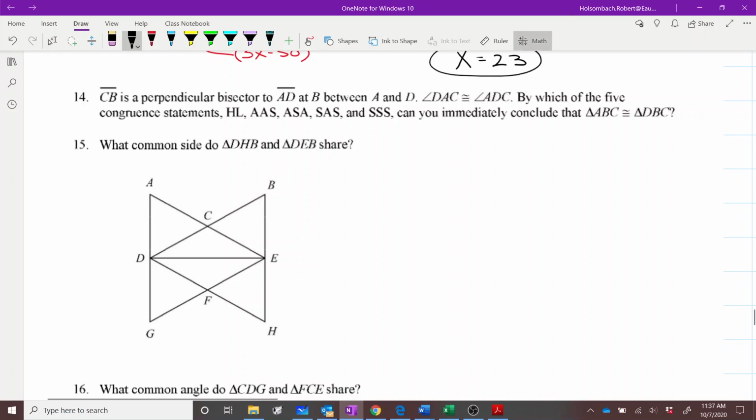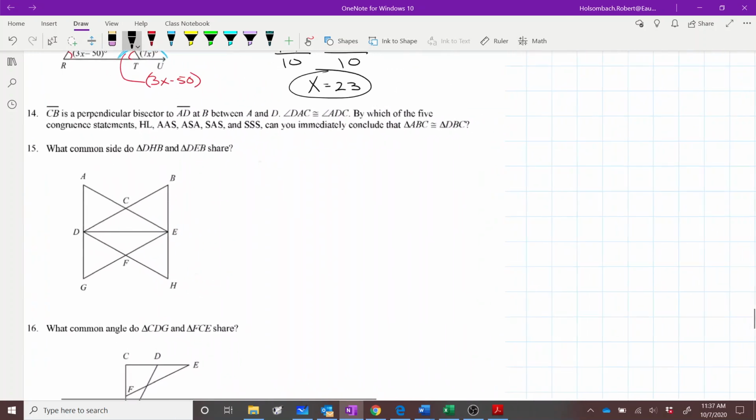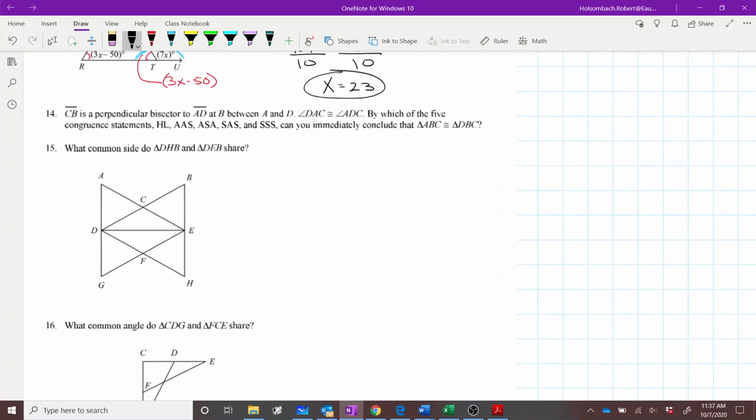Alright, if CB is the perpendicular bisector to AD, so CB is a perpendicular bisector of AD.